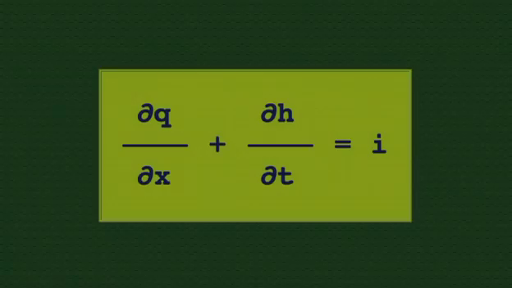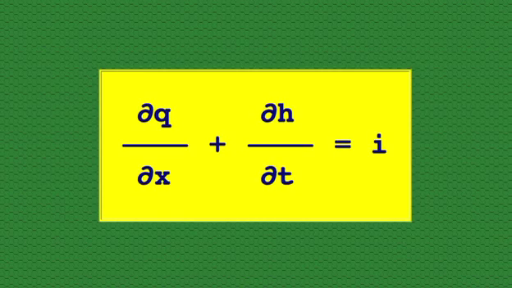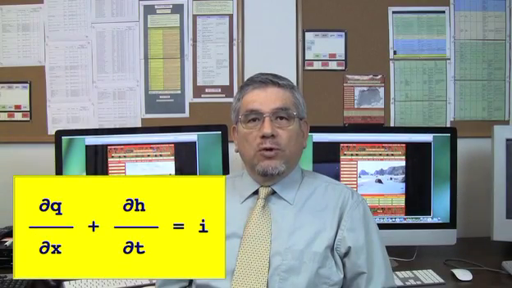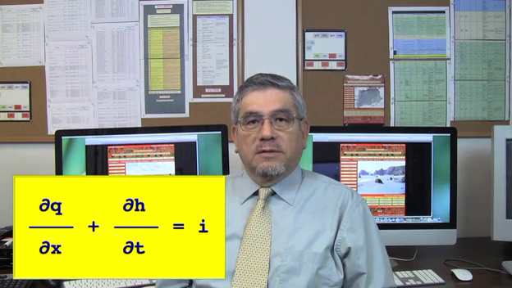The equation of mass conservation per unit of plane width is ∂H/∂t + ∂Q/∂x = I, in which Q equals unit width discharge, H equals flow depth, and I equals rainfall excess. The kinematic wave discharge-depth rating is Q = B H^m.